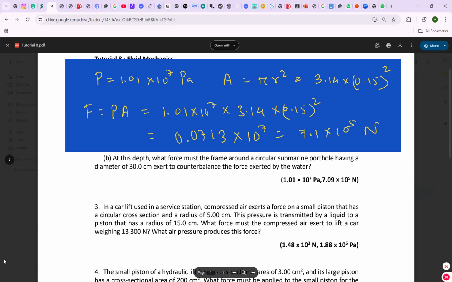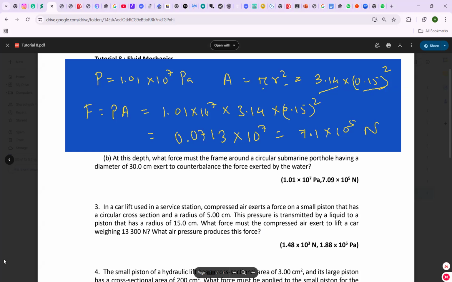Centimeter is there, right? So pi r square. What force must be applied to the submarine porthole having this diameter? Okay. So 1.01 into 10 to the power 7 Pascal is there. Pi r square, so 3.14 into 0.15 whole square.